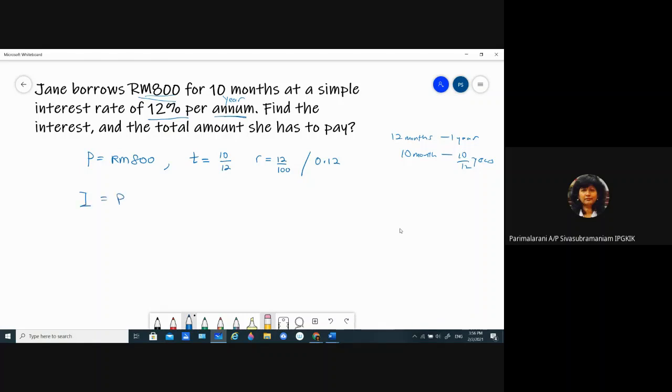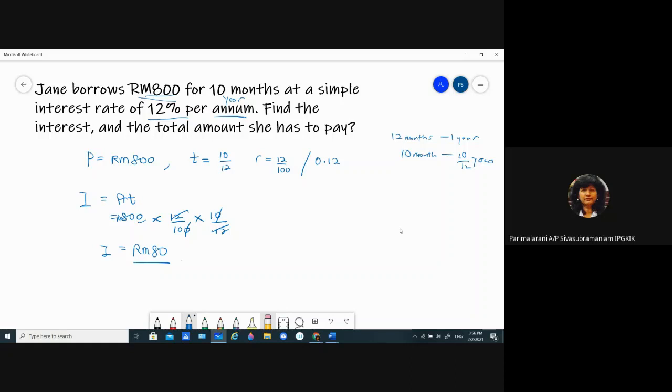You know the interest is PRT. P 800 times R is 12 over 100 times T is 10 over 12. So this is 80 ringgit. So our interest is 80 ringgit.